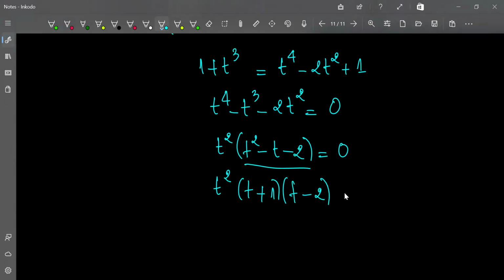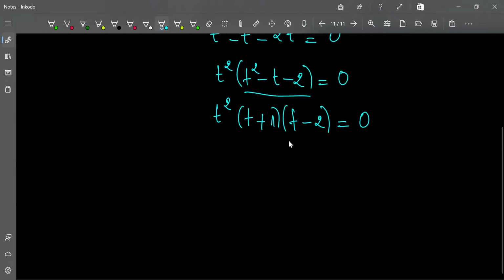Okay, that equals 0. So now we can solve this equation and we get t equal to 0, or t equal to negative 1, and t is equal to 2.